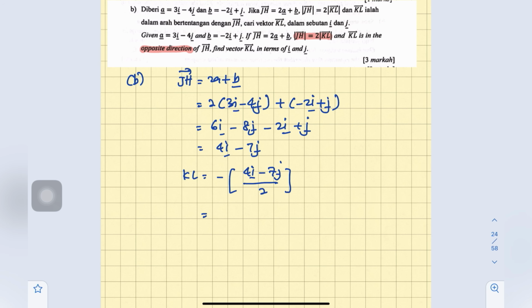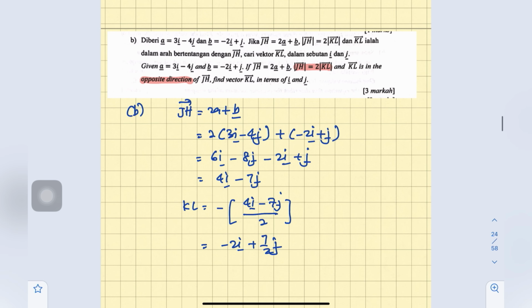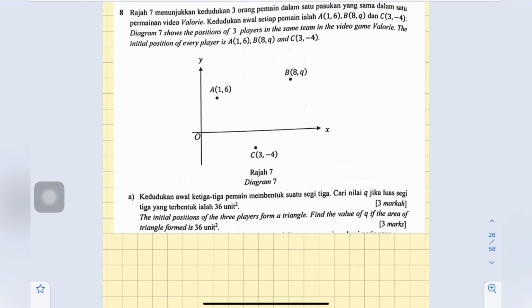So nanti kita dapatlah negative 2i plus 7 over 2 j. Dia nak in terms of i and j. Okay, dapat dah.